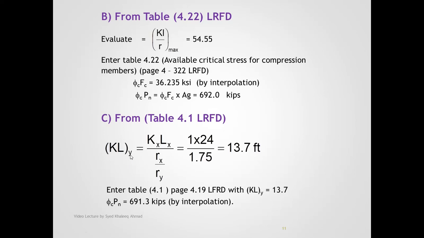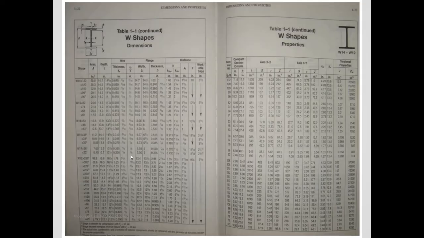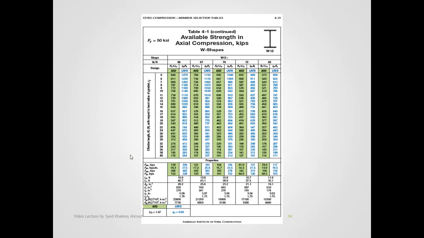Now we will go to the table about the critical load. Come here: available strength in axial compression for 50 ksi. You will see this table and we will go according to this. These are W12x96, W12x87, W12x79, 72, 65.